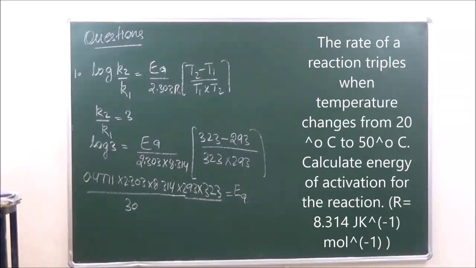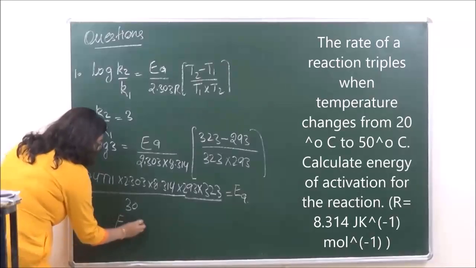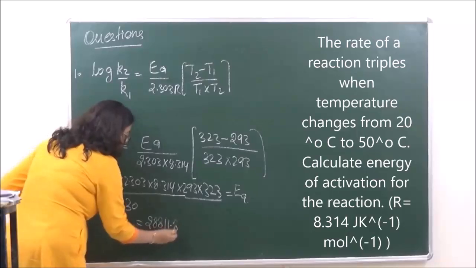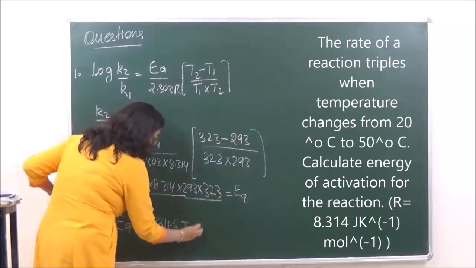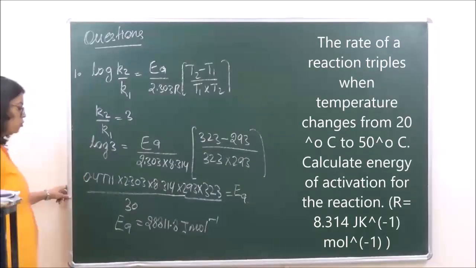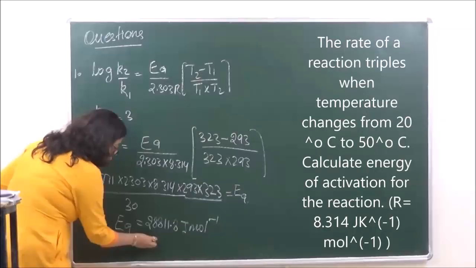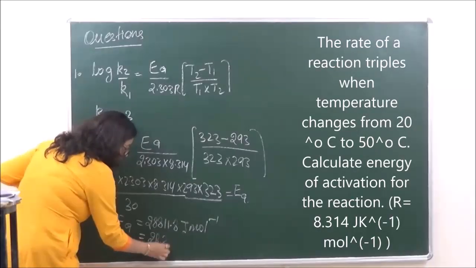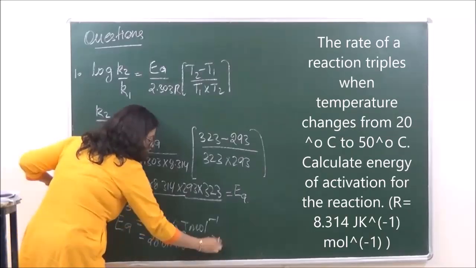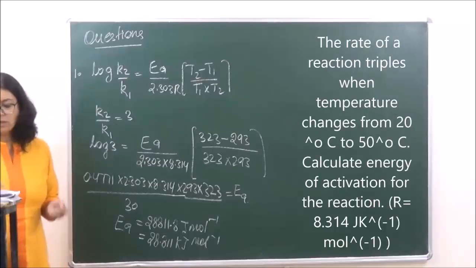So when we calculate this, the value of EA is coming as 28811.8 joules per mole. In order to convert it to kilojoules, we divide by 1000, so that comes equal to 28.811 kilojoules per mole. Okay, so this was a simple question.